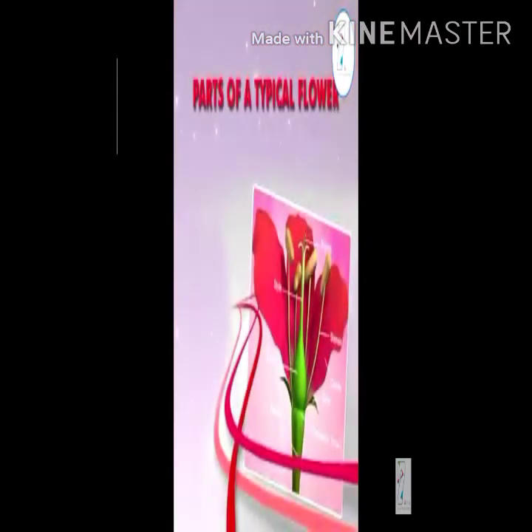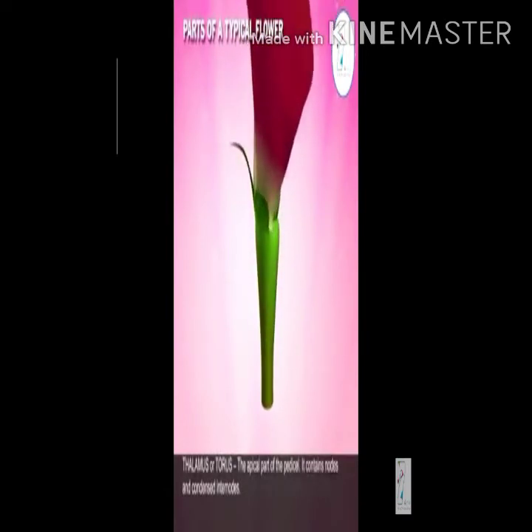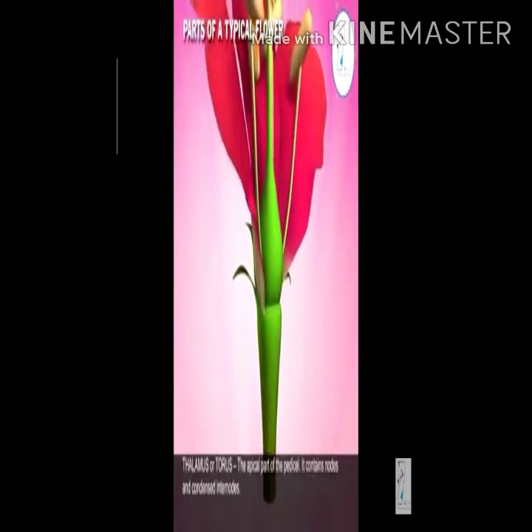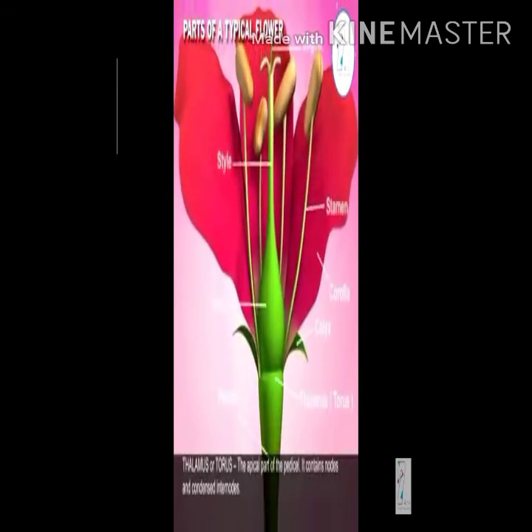Parts of a typical flower: thalamus or torus, the apical part of the pedicel. It contains nodes and condensed internodes. From the nodes, modified leaves called floral leaves develop. These floral leaves are arranged in the form of whorls at the nodes.